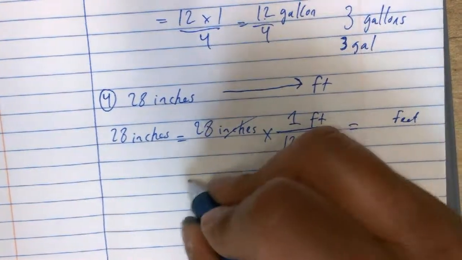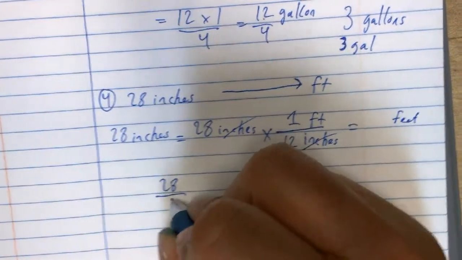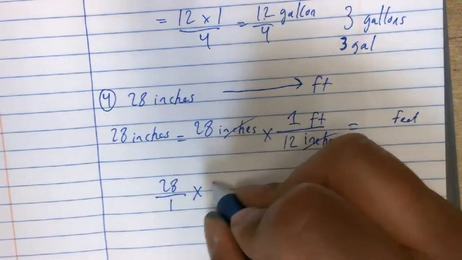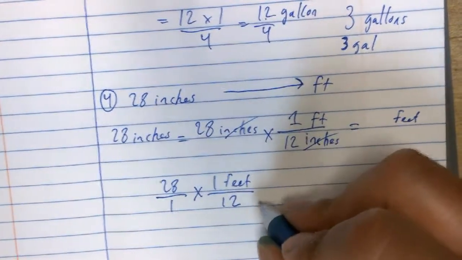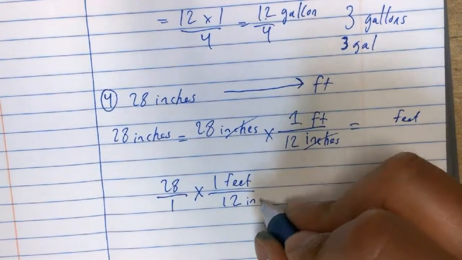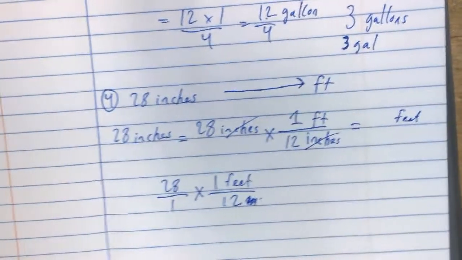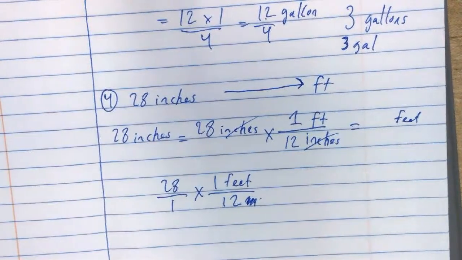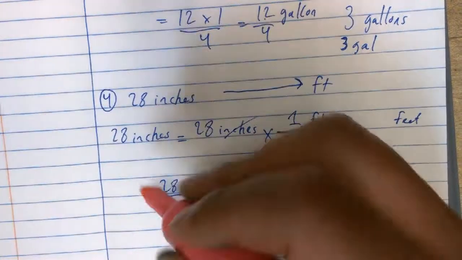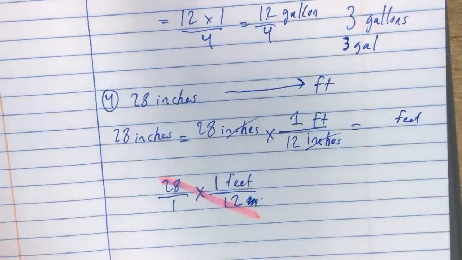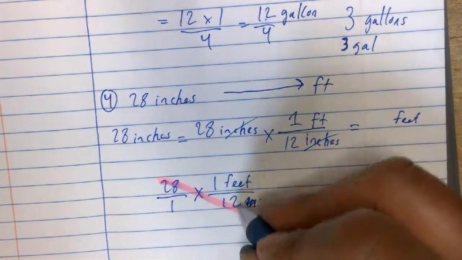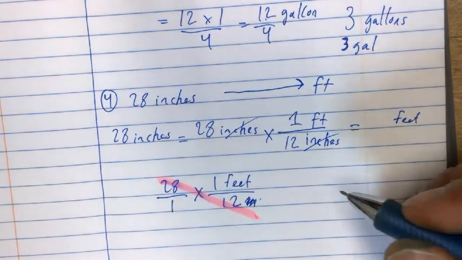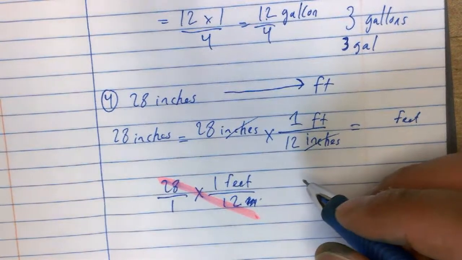Okay, I'm going to rewrite this because I need you to see something again. And I truly hope you learn this. Oh, they canceled out. Why am I rewriting it? Please get used to the idea of simplifying before multiplying. It will make your life so much easier. 12 and 28, they're both even numbers, but I also know my times tables.